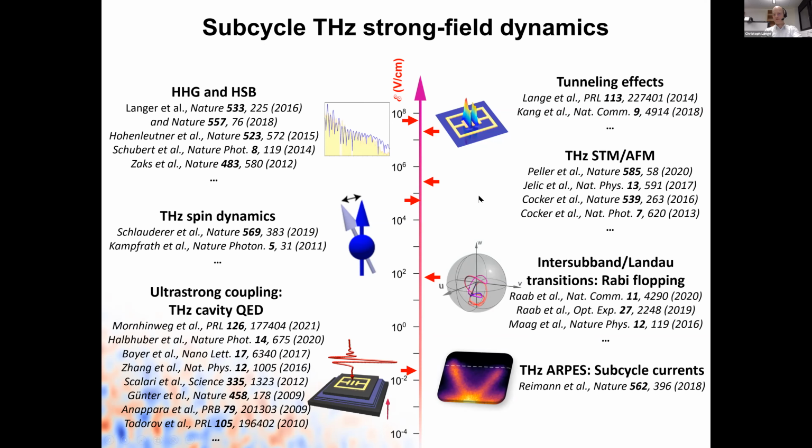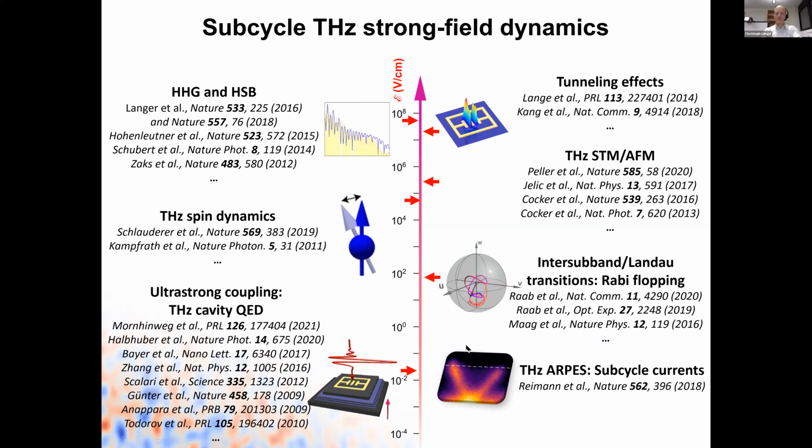They can actually be observed across a large range of electric field amplitudes. At the upper end of the scale, we have certainly phenomena like harmonics generation or sideband generation, tunneling effects driven by the terahertz field. We have the possibility to use these fields for scanning tunneling microscopy, atomic force microscopy. We can manipulate spins on very short timescales, as I will show later on with these fields.